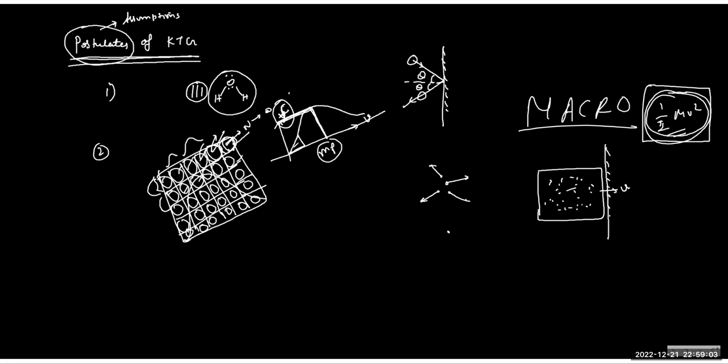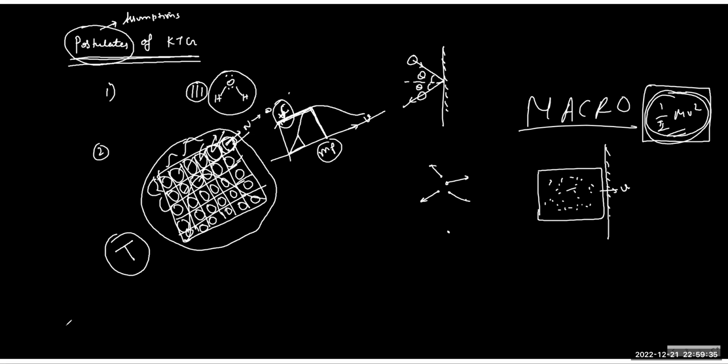So it is highly inconvenient to define the kinetic energy for a cluster or for the system. So we thought of replacing this entire average behavior or average kinetic energy in a more simplified manner. And that led to the definition of the word temperature.